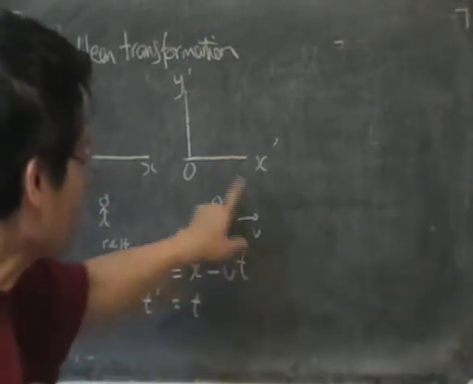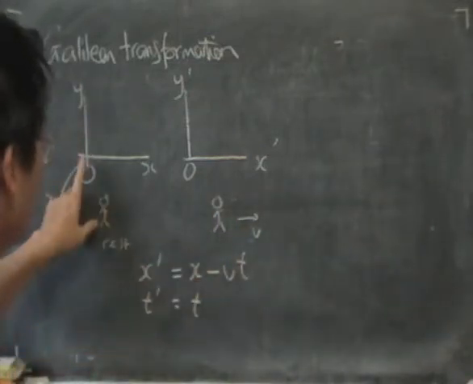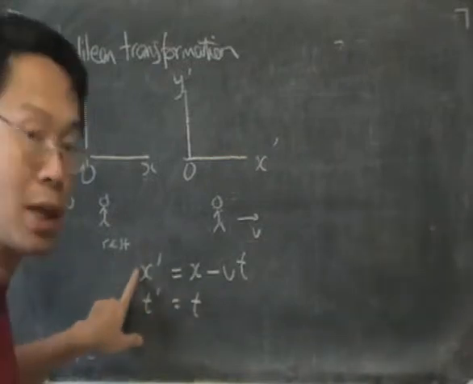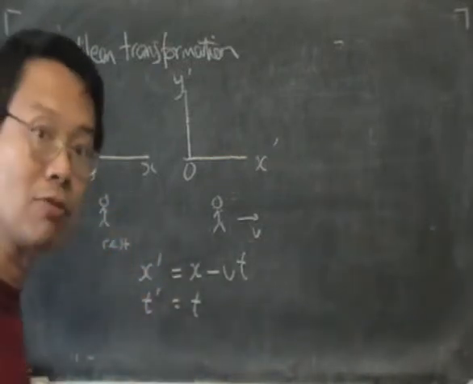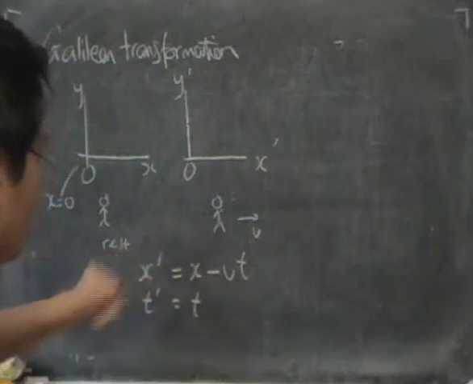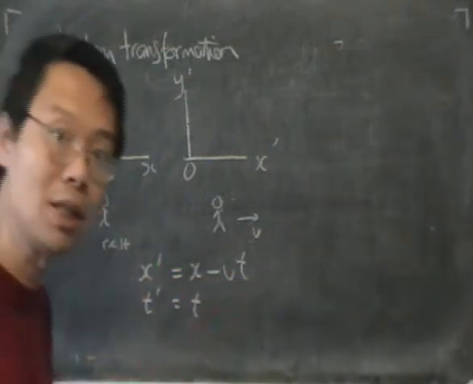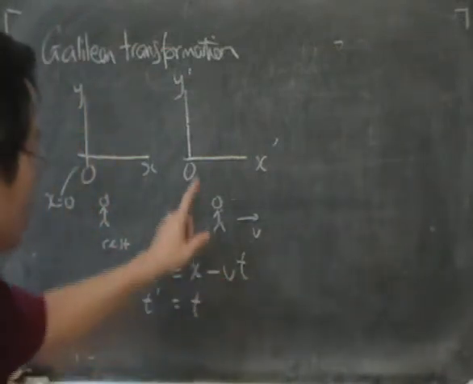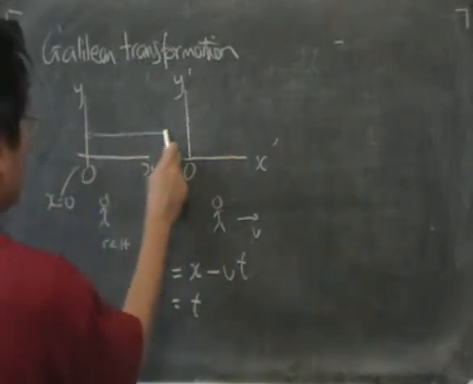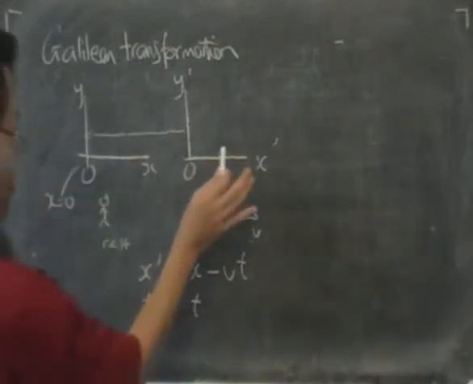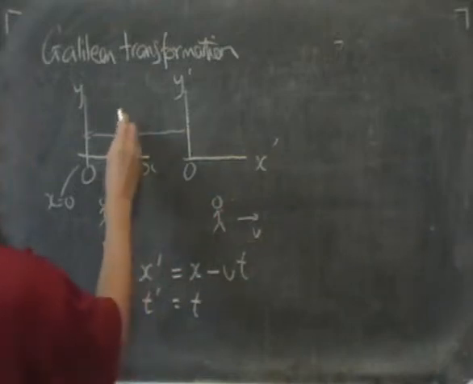So as far as he is concerned, the origin of that observer, which would be the x prime, becomes more and more negative. That's why it looks like this with the minus vt down there. And vt is the distance that this origin has moved to the left of the moving observer.